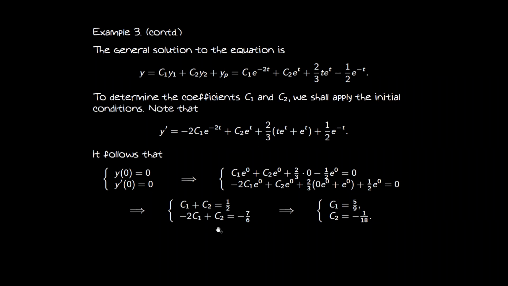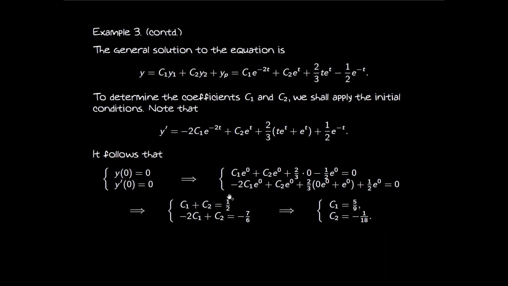And for these kinds of equations, once again, you can use whatever method you feel comfortable with. Here, for example, I'll do elimination again. I'm going to do the first equation minus the second equation, and then I'm going to get 3c1 equal to half plus 7/6.